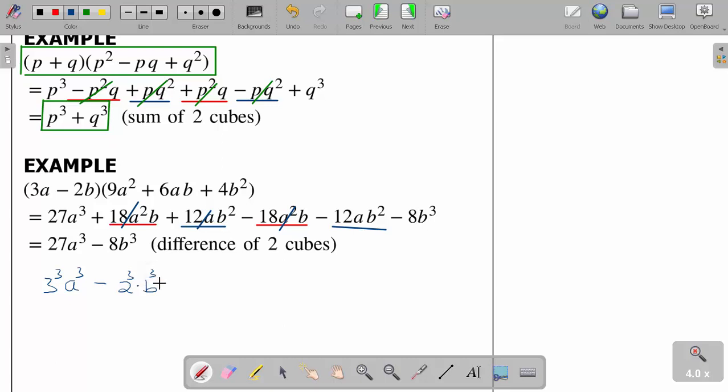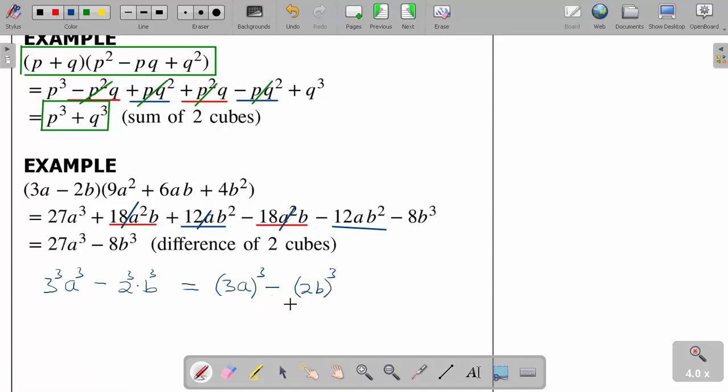Because they all have the same power of 3, I can write it as (3a) in brackets to the power 3, and then minus (2b) in brackets, also to the power 3.